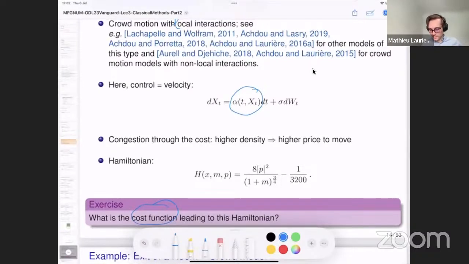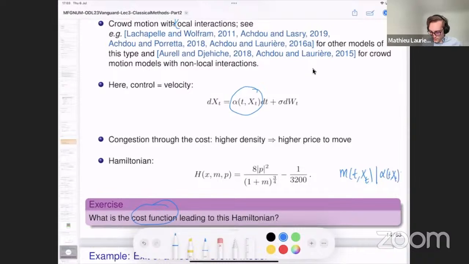And in fact, you are going to see that the running cost is related to the congestion example I gave before, which was basically some multiplication of m and alpha. So let me write the stochastic version. Maybe you take m at time t and position X_t, and you multiply by alpha of t and X_t to some power.